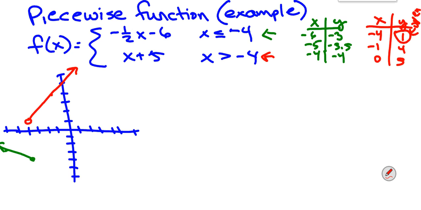What is the range? Is it all real numbers? I'll ask that question. I don't feel like it is. So keep in mind, this green line is going to positive infinity, and this red line is going to positive infinity. So I think it's going to positive infinity.